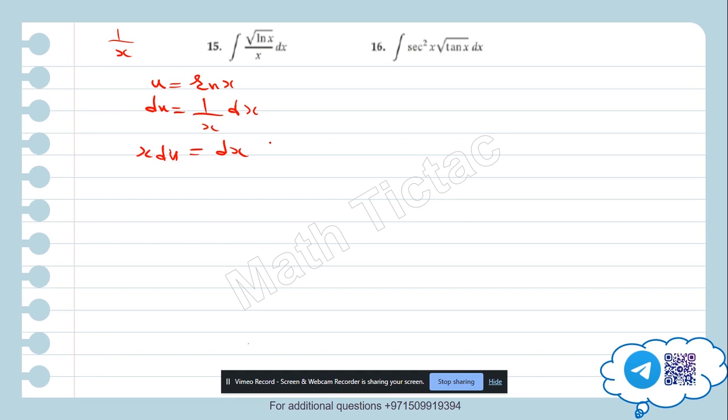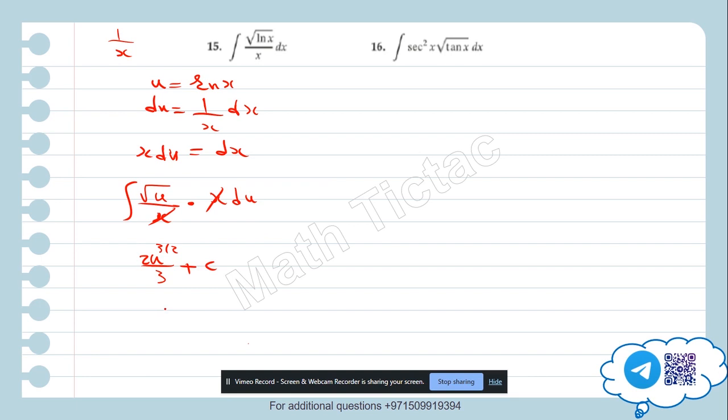So now I'll start with my substitution. Square root of u over x multiplied by x du, and x with x eliminated. The integration of u is u to the power 3 over 2 divided by 3, and that's the 2.